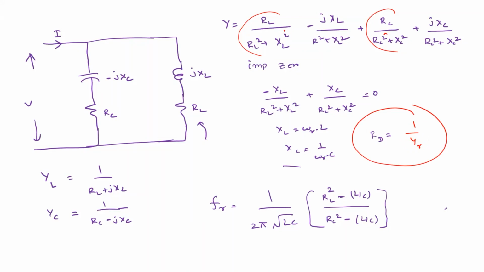Its value is RL by RL square plus XL square plus RC by RC square plus XC square. The addition of these two formulates YR. So 1 by YR gives you RD.